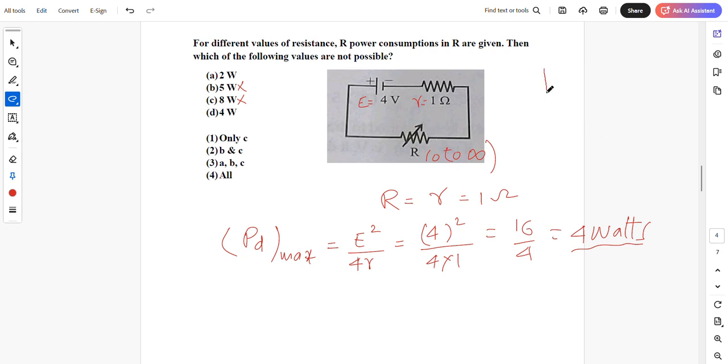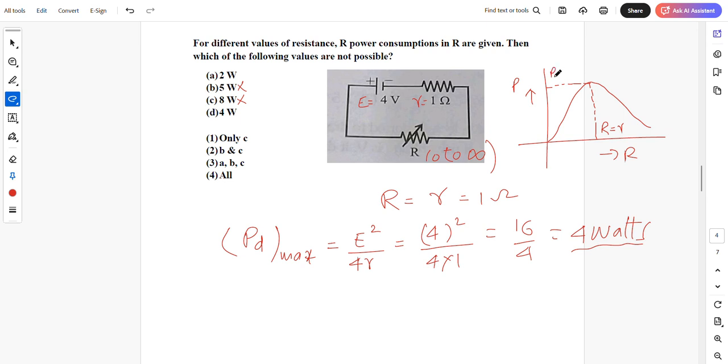If you keep on varying the value, the graph of power versus resistor R will be like this. When this R is equal to r, maximum power will be dissipated.